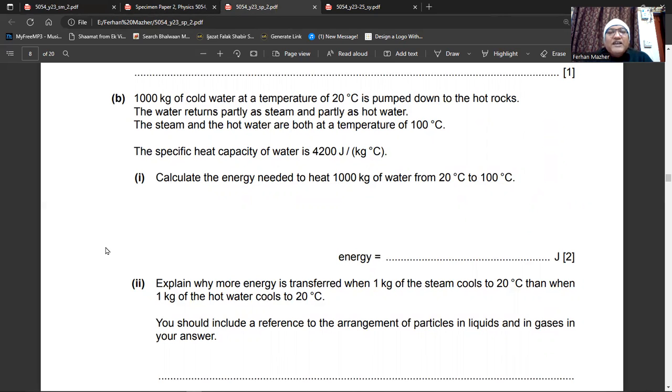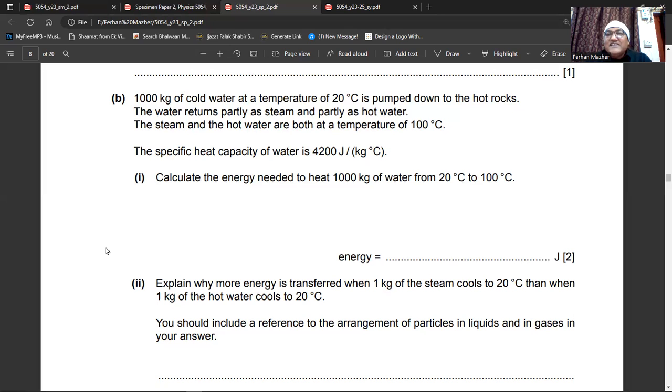The specific heat capacity of the water is 4200 joules per kg per degree centigrade. Calculate the energy needed to heat 100 kg of water from 20 to 100 degrees centigrade. So they are talking about a change in temperature, from 20 to 100. The mass of the water whose temperature is to be changed is 1000 kg, sorry, and its specific heat capacity is also given.